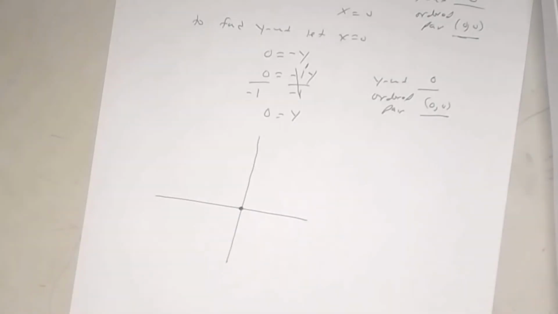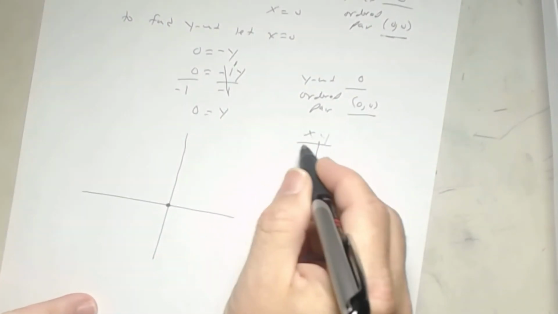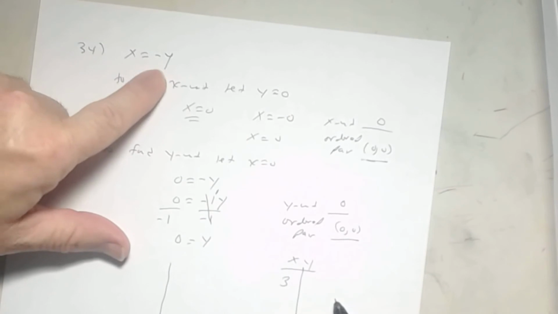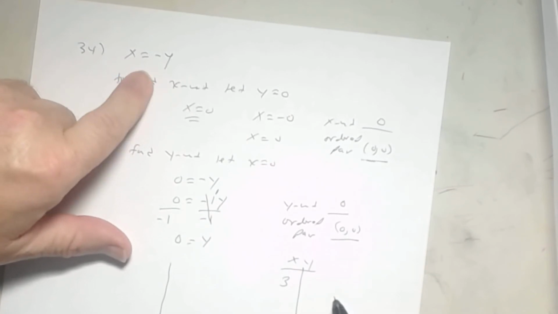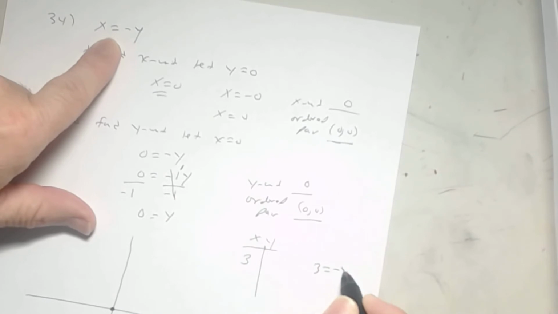So what you can do is just find another point, kind of like a t-table. You just need one more point, right? So give me a number for x. 3. So if x is 3, wherever you see an x, what do you plug in? 3. So y'all agree I get 3 equals -y?